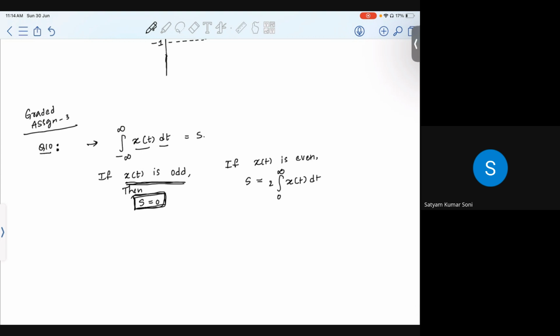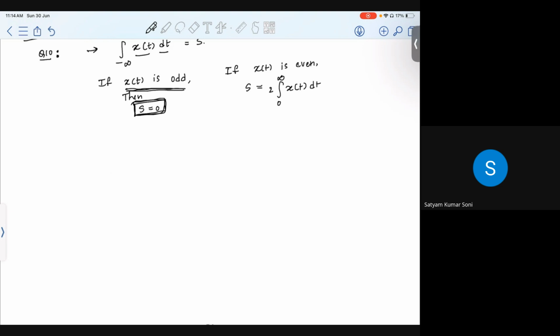Now when you look at the following signals that were given, you were given x1 of t, which is defined like this, and then you have x2 of t, which is defined as follows. So this is your x2 of t, and this is your x1 of t.